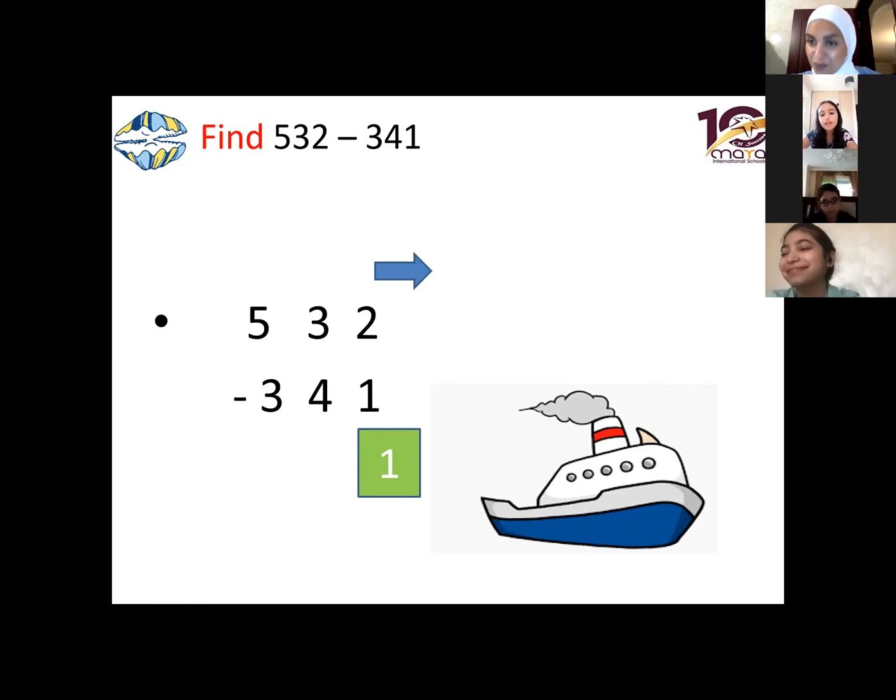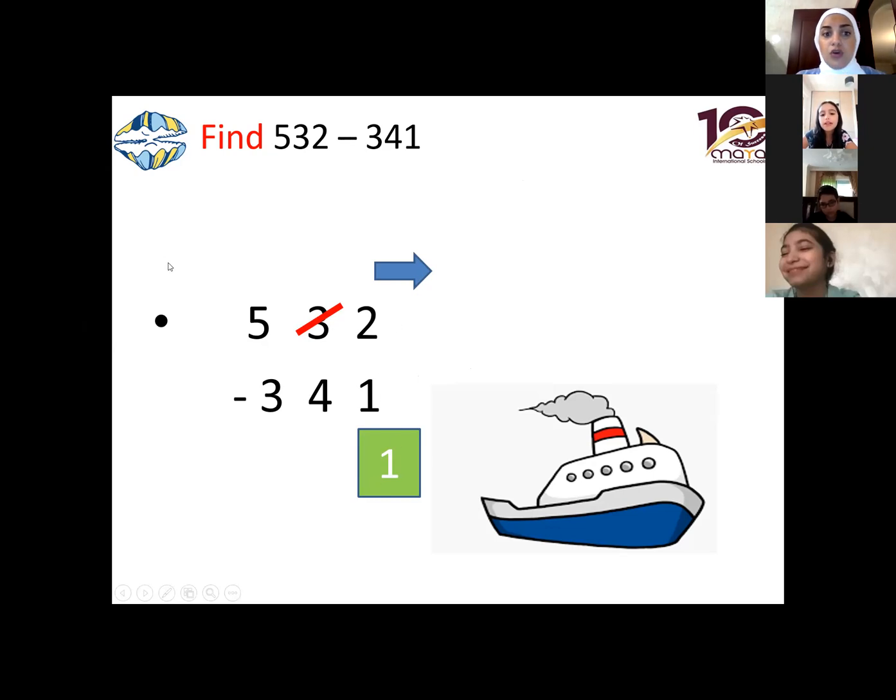First thing, we start with the ones. 2 minus 1 equals 1.